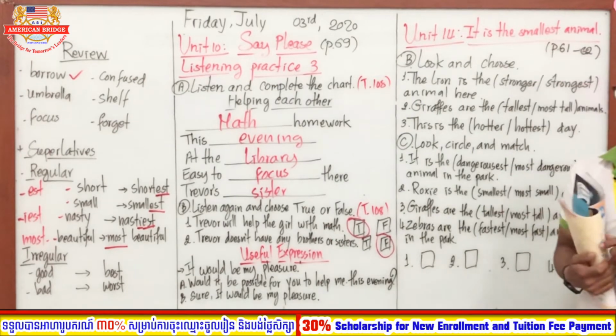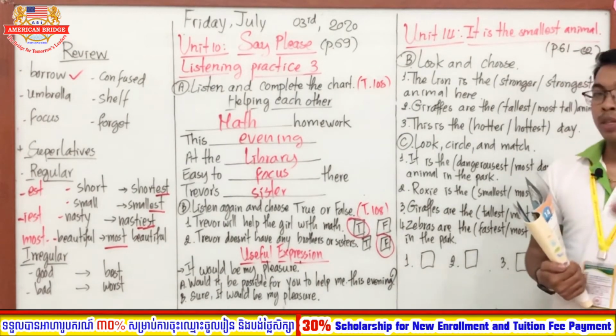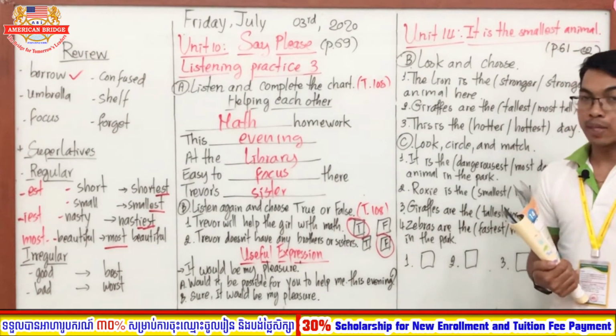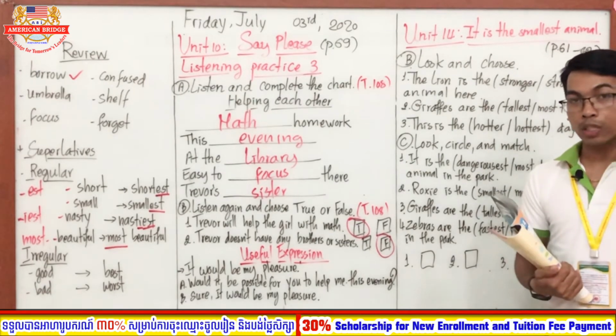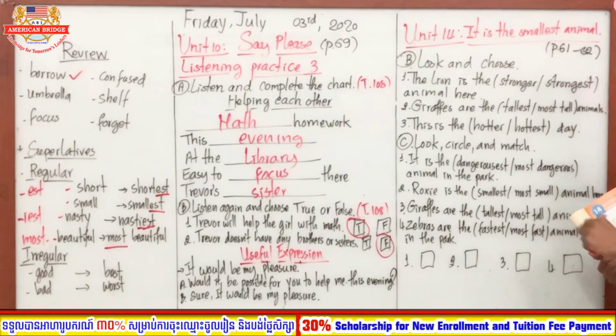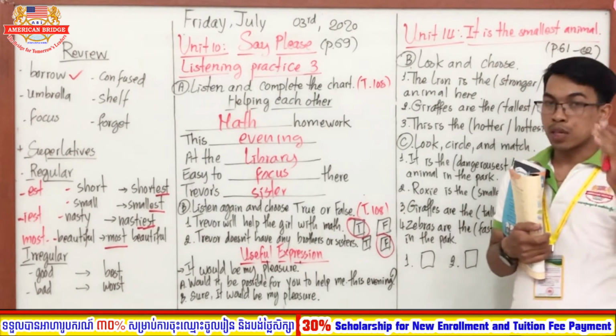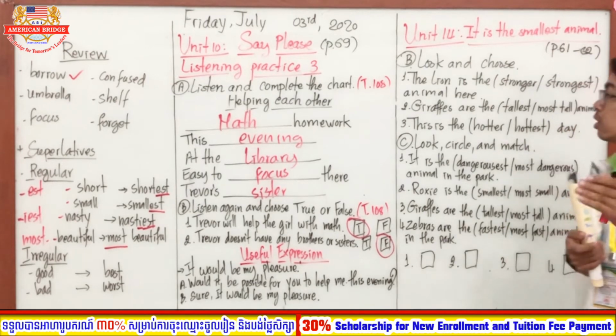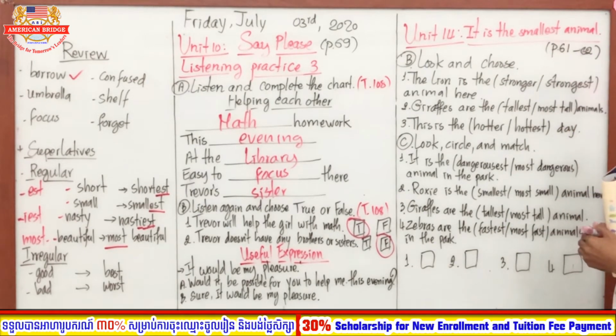Based on what you have learned in superlative adjective, do not focus on comparative adjective. We focus on superlative adjective. Number one, you have to look and choose the correct answer.